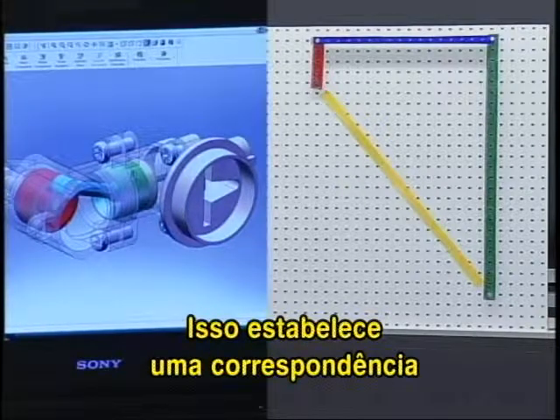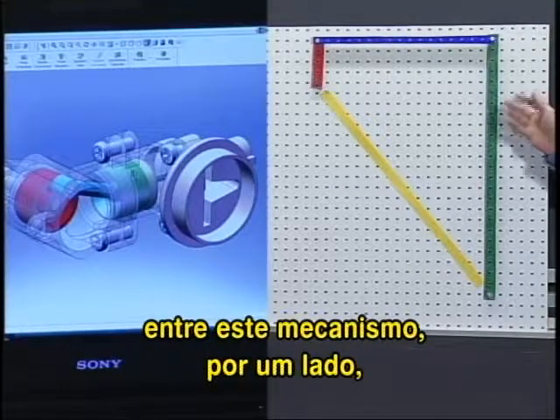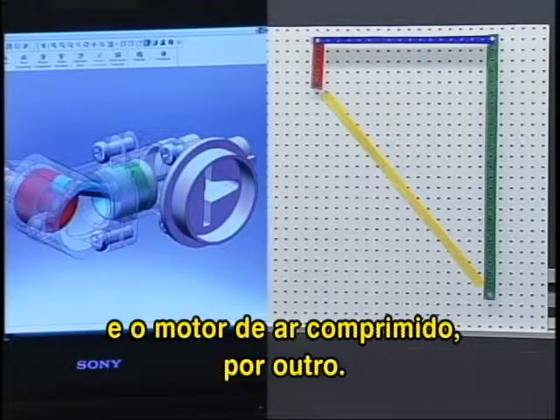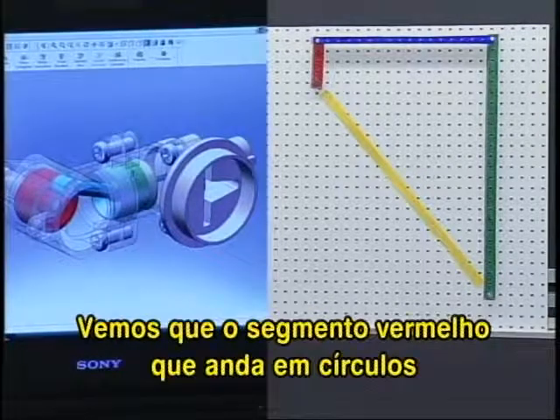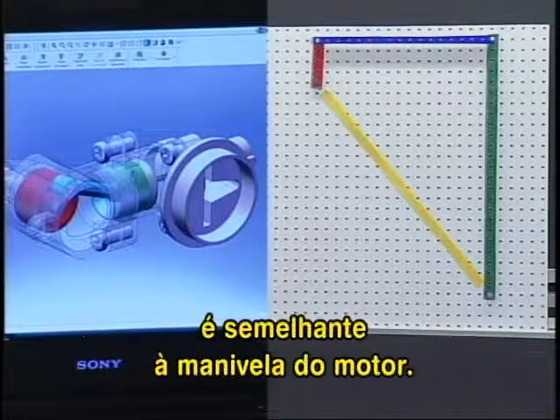Now that sets up a correspondence between this mechanism on the one hand and the compressed air engine on the other. The red link going round and round is very similar to the crankshaft on the engine.